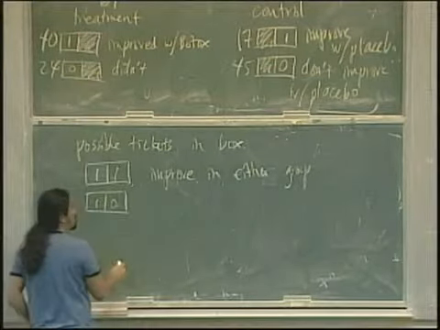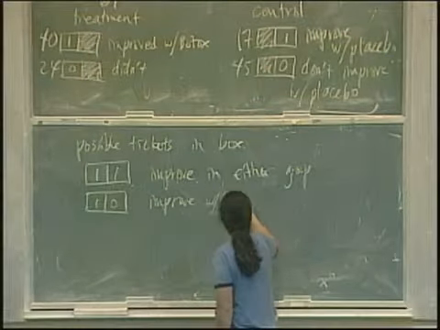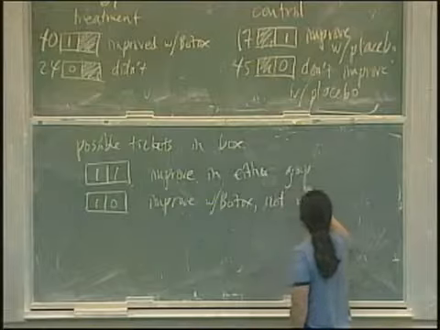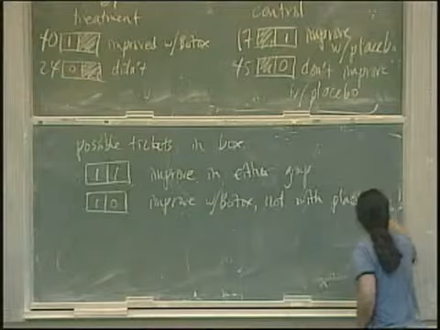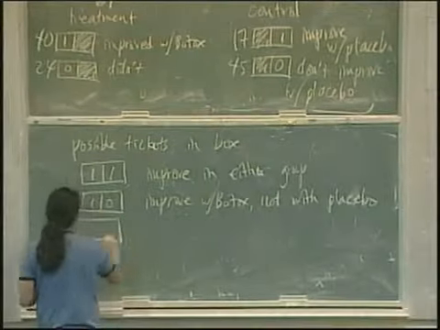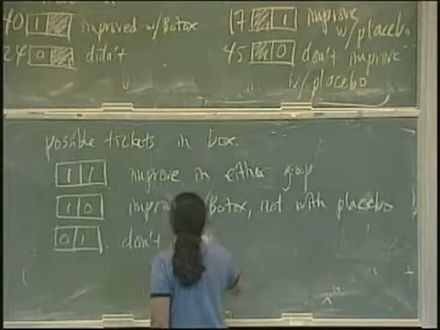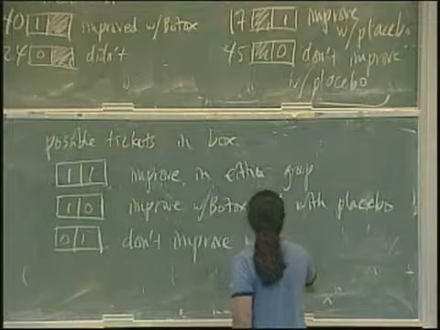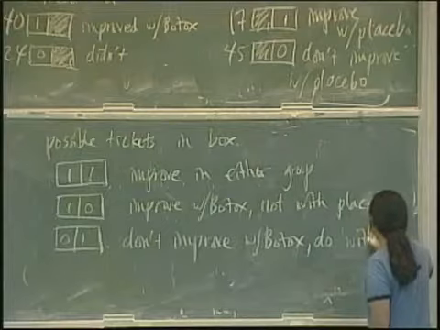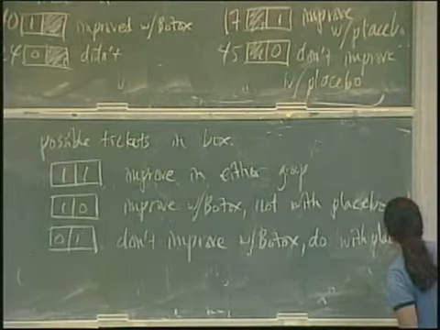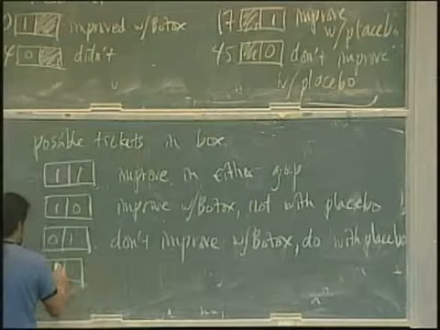And there are going to be some 1-0s that improve with Botox, not with placebo. And there are going to be some 0-1s. These are people that don't improve with Botox, but they do improve with placebo. And then finally, you have 0-0s that don't improve no matter what.